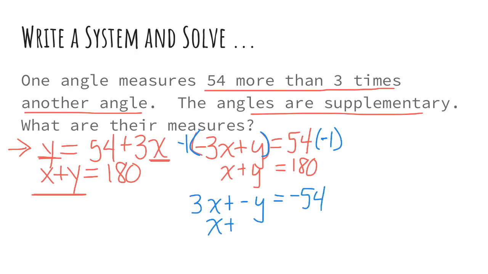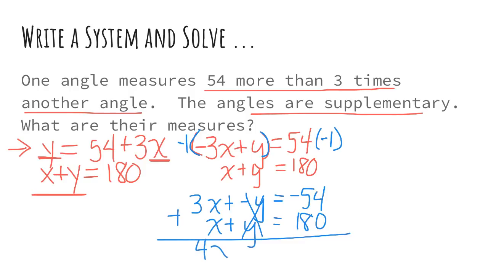And then if I line things up, I'll be able to eliminate my Y's. All right, so when I add these together, I have 4 X's on one side and 126 on the other. Divide by 4, and X looks like it's going to be 31 5/10 degrees.